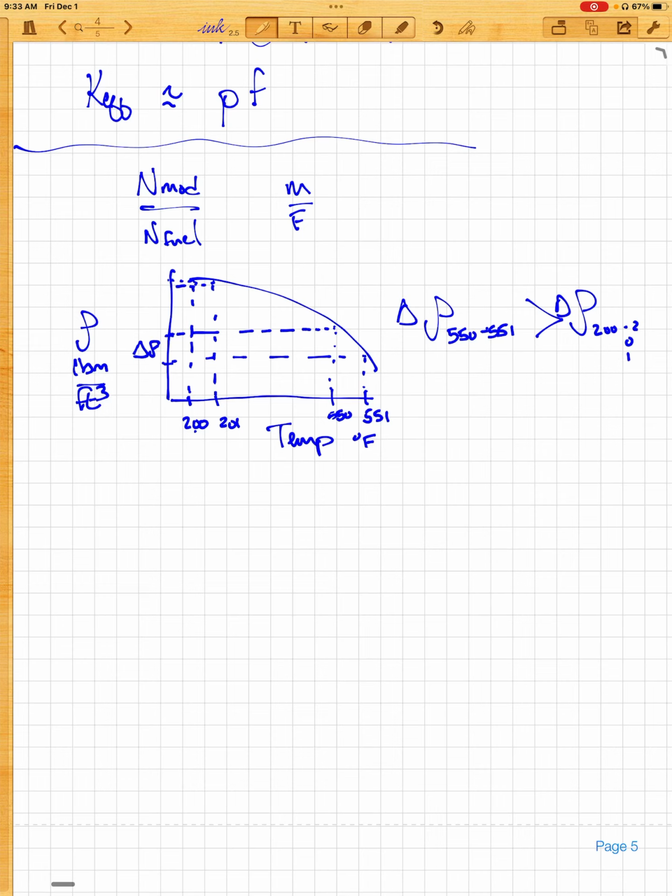Right. So remember the resonance escape probability. That was P. And remember, the resonance escape probability is the probability that the fast neutron that is slowing down won't get resonance captured.